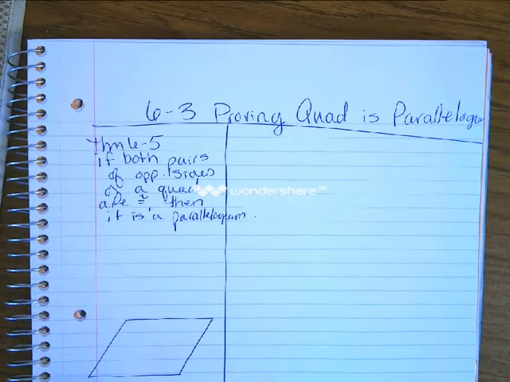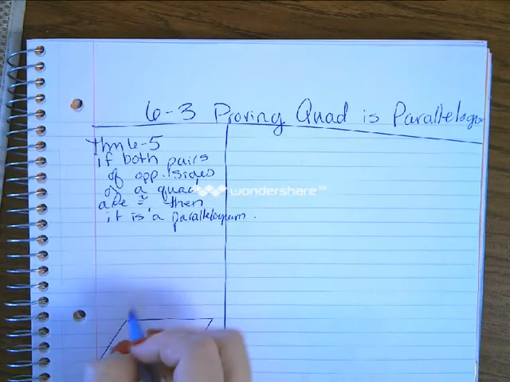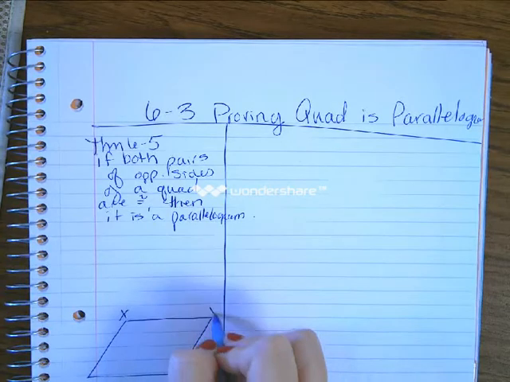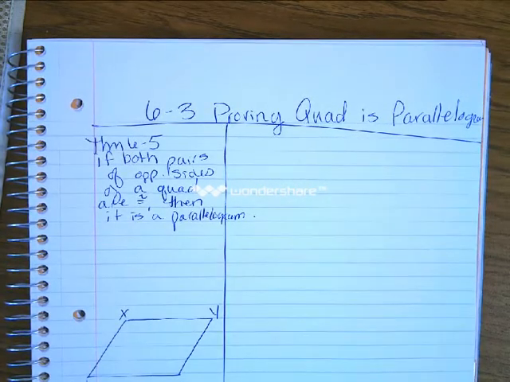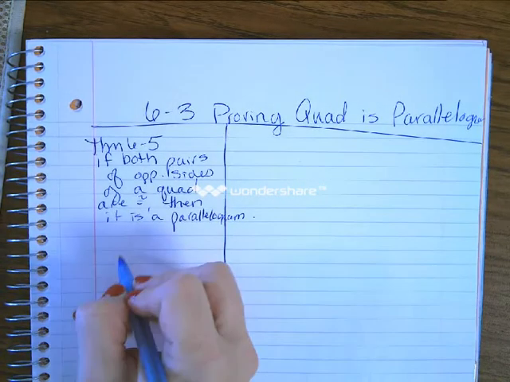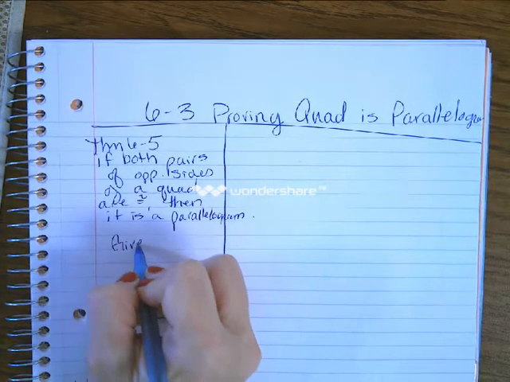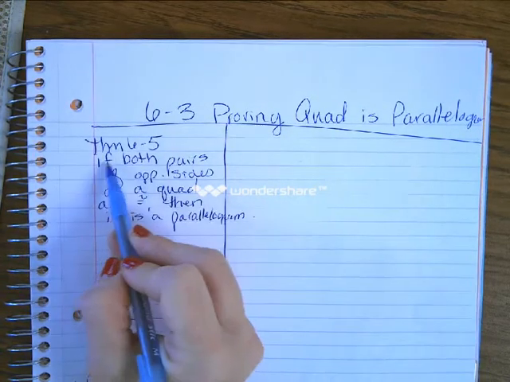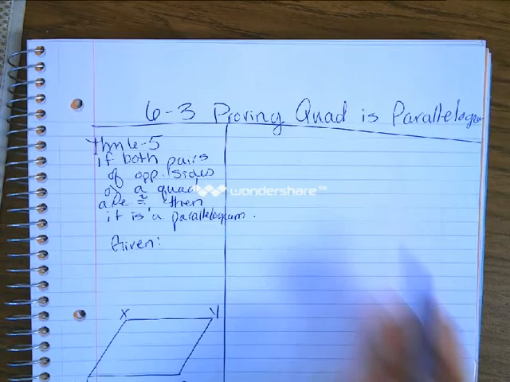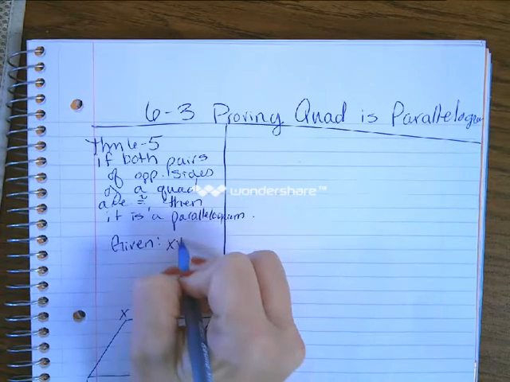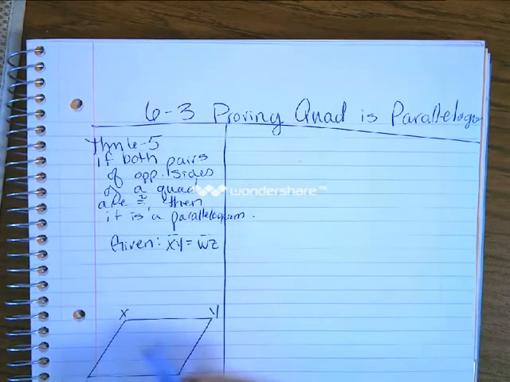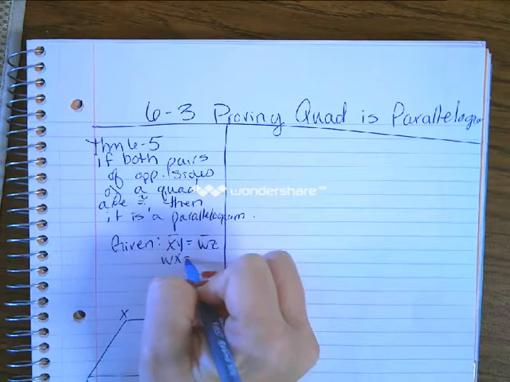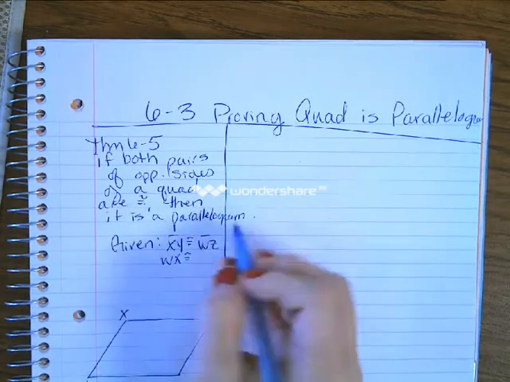Okay, the picture is going to be X, Y, W, Z, top right-hand tool. And what are we given in this statement? We're told that opposite sides are congruent. So that means XY is congruent to WZ, and WX is congruent to YZ.